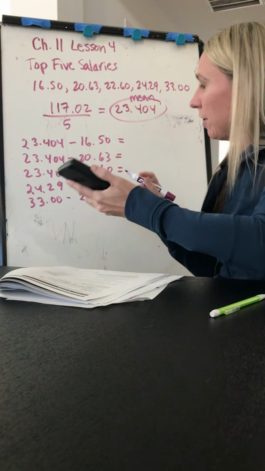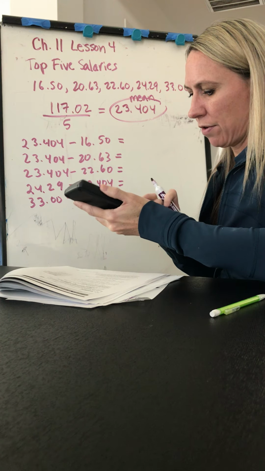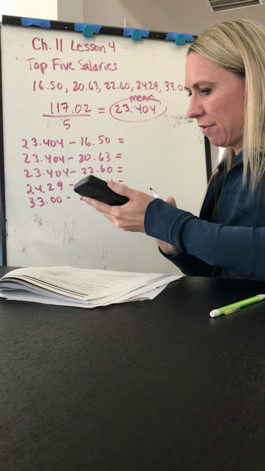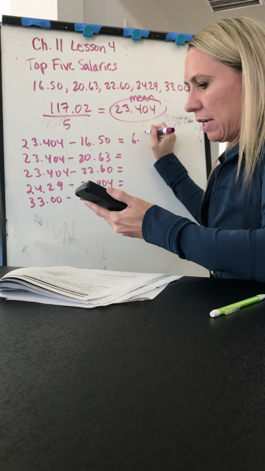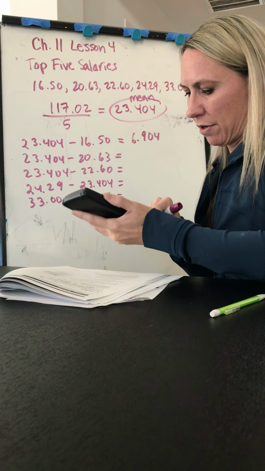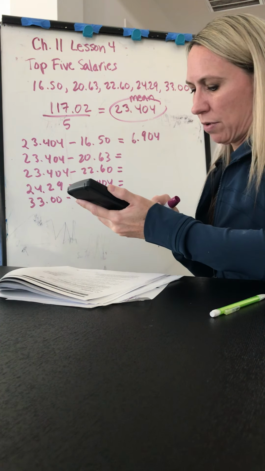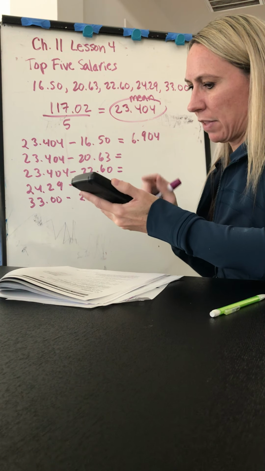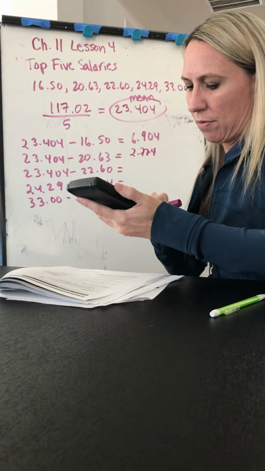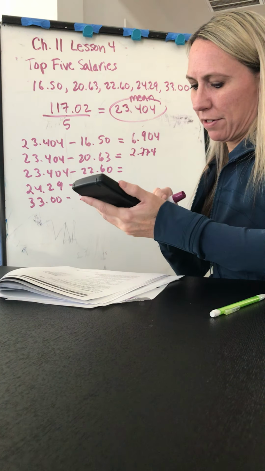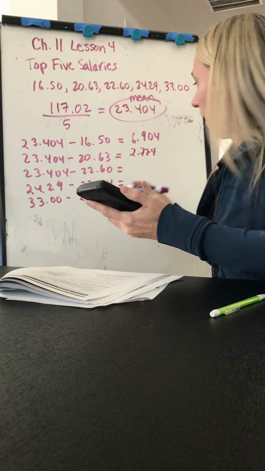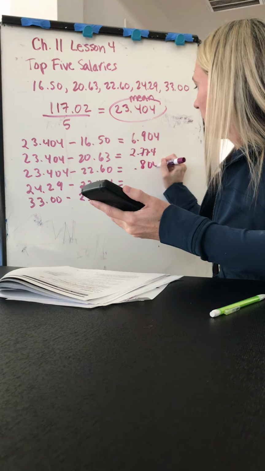So now we're going to do 23.404 minus 16.5. We get 6.904. 23.404 minus 20.63, and I get 2.774. 23.404 minus 22.6, I get 0.804.